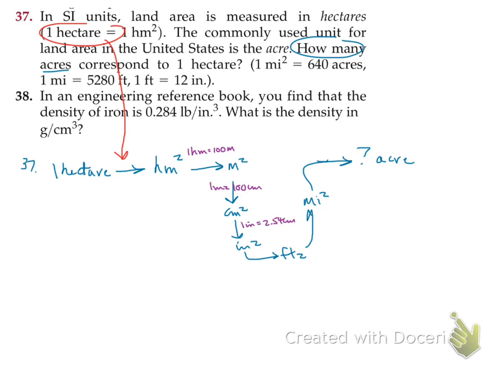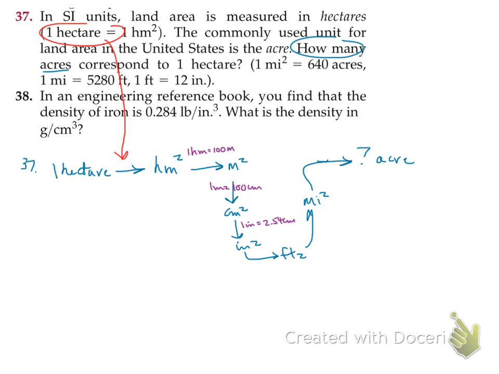And then, if you read the hint at the bottom of page 37, it's kind of wanting you to go this route. So I would go from meters squared to centimeters squared. Now remember, when you do this, you need to square the number and the units.